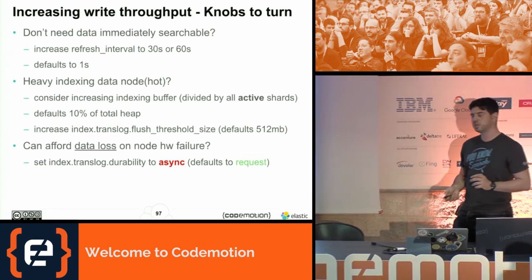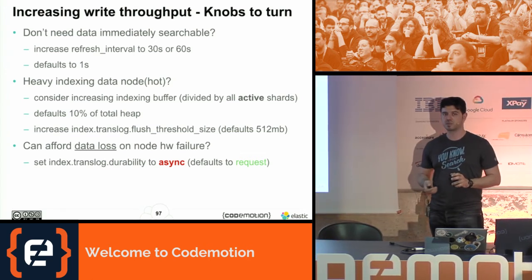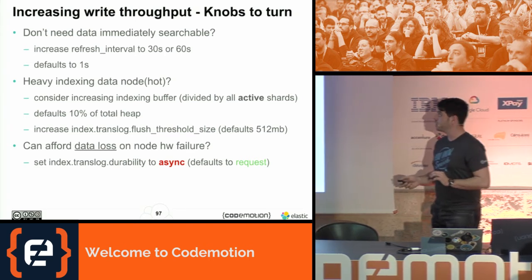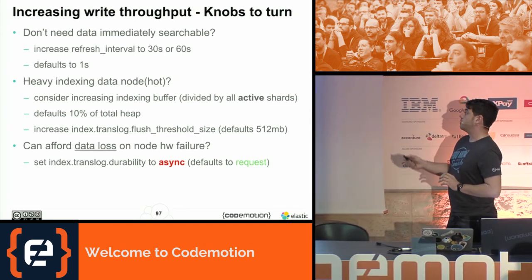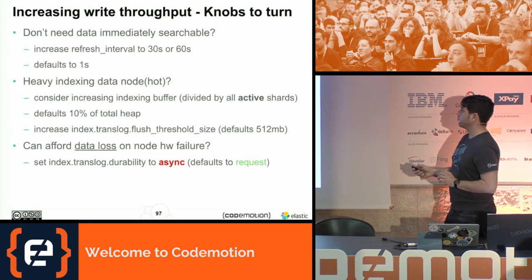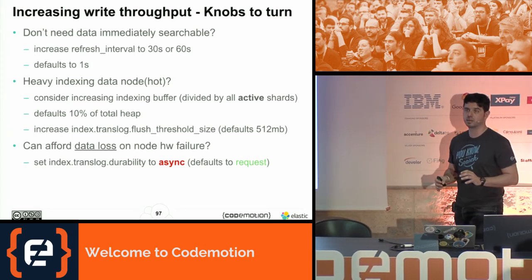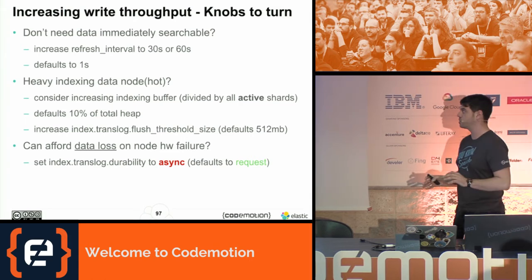Every time a Lucene segment is created, the data becomes available. We write segments to file system cache first. So if you increase that value, basically you relieve some pressure from disks.